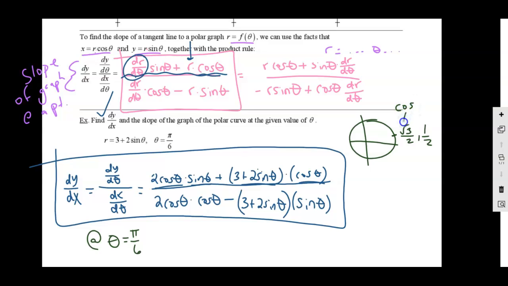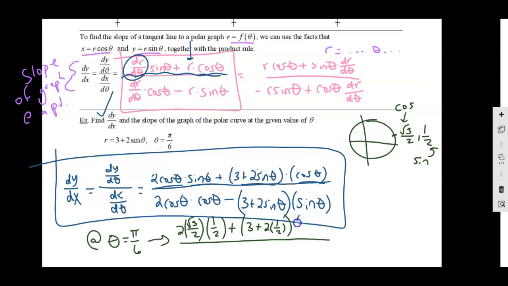So your cosine value is root 3 over 2, and then your sine value is 1/2. So let's just go plug those in. All right, so this derivative, having been plugged in with the pi over 6, I need 2 cosine of pi over 6, which is root 3 over 2. Then I need the sine of pi over 6, which is 1/2, plus I need 3 plus 2, and then the sine was 1/2.